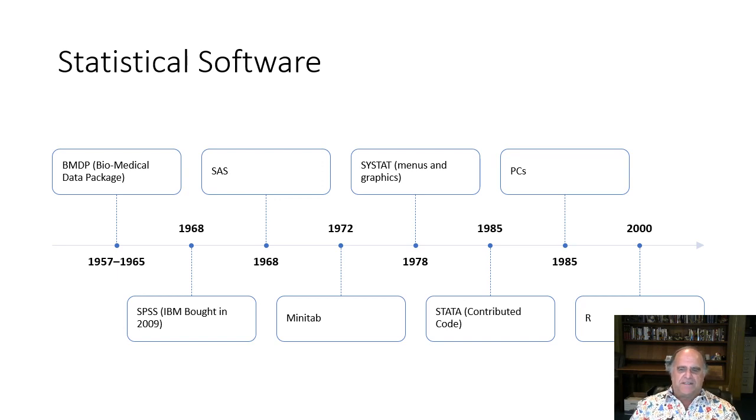and do a lot of things that you couldn't do with SPSS. In 1985, Stata was introduced. I do use Stata also. Stata is another very popular program. Even before R, what made Stata noteworthy was that you could contribute code to Stata. So before R, Stata, although you had to pay for it, had the same idea as R of having user contributed code. 1985 was around when PCs became very popular.